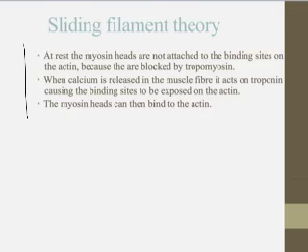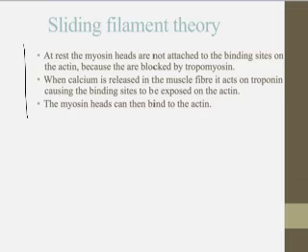So at rest, when your muscles are completely resting, the myosin heads are not attached at all, and the reason is they're blocked by tropomyosin. If you remember, the actin was the blue one, the thin filament, and you had another protein across it called tropomyosin. Calcium acts on troponin, which is attached to tropomyosin, and that causes the binding sites on the actin to be exposed.